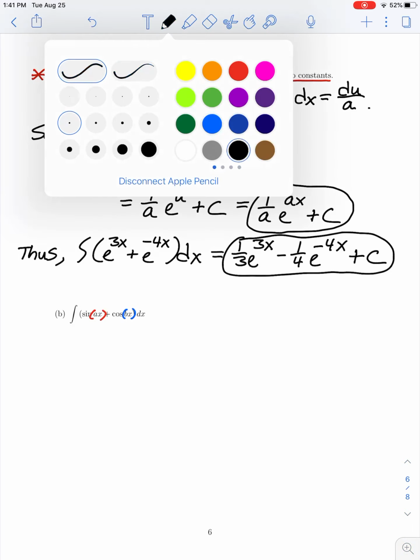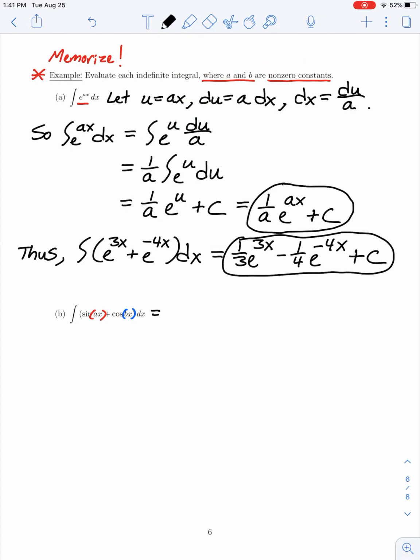So in order to handle this, we might first split this integral into two pieces. We know the integral of a sum is the sum of the integrals of sine ax and cosine bx in this case. And each of these integrals involves a composite function. So in order to evaluate each of these, we're going to make use of a substitution.